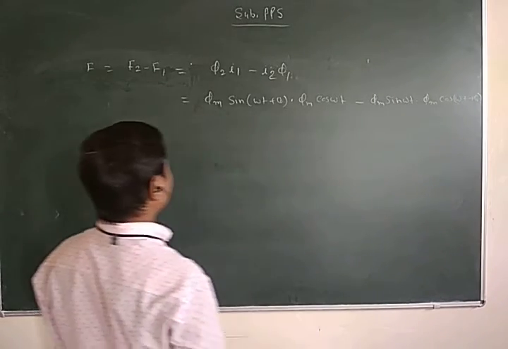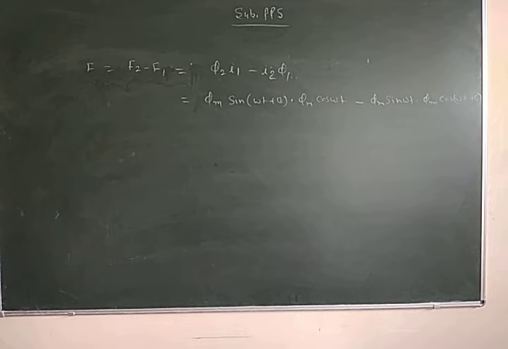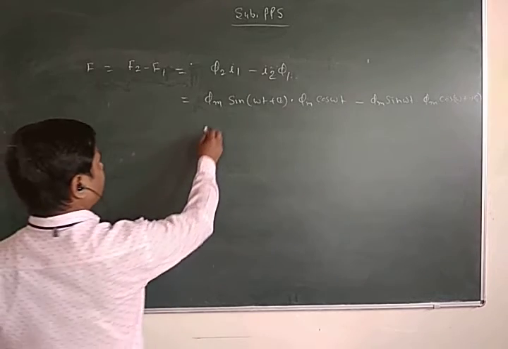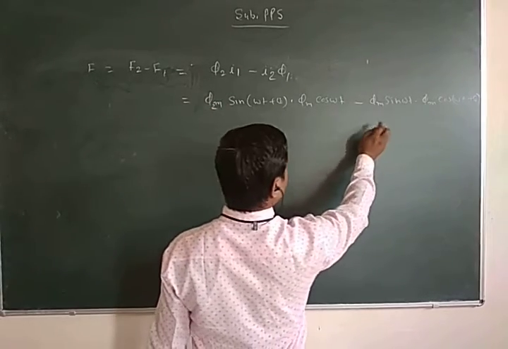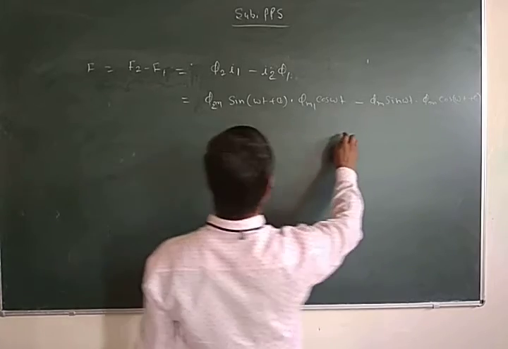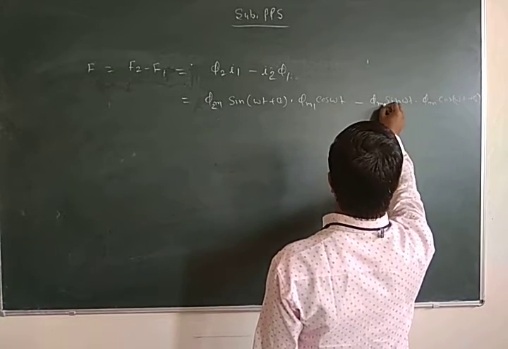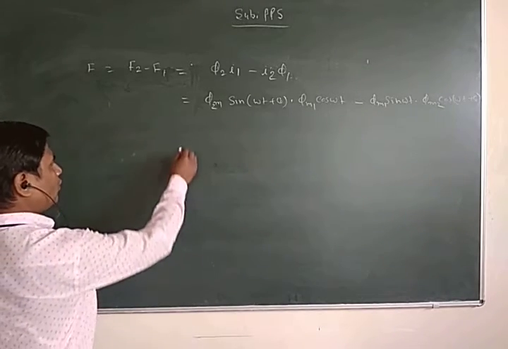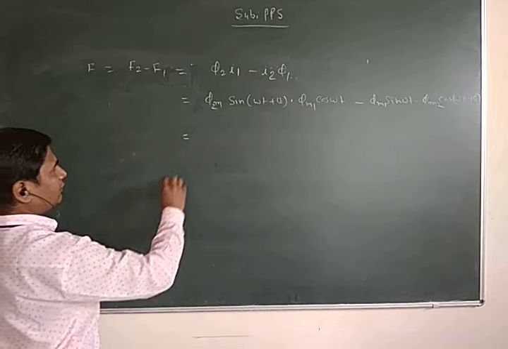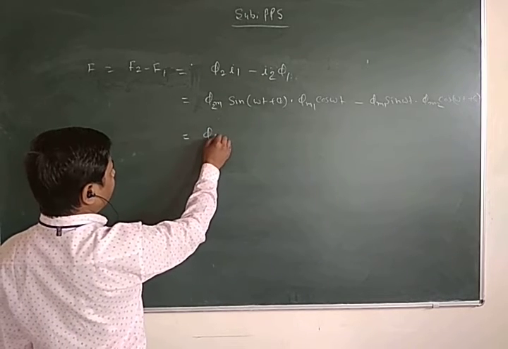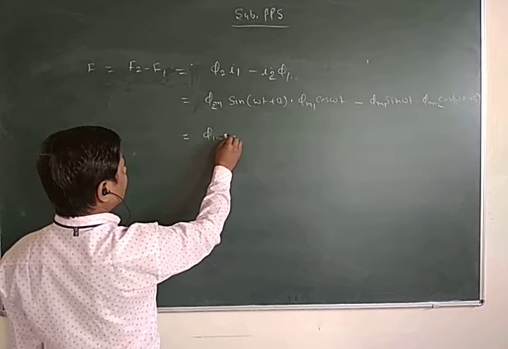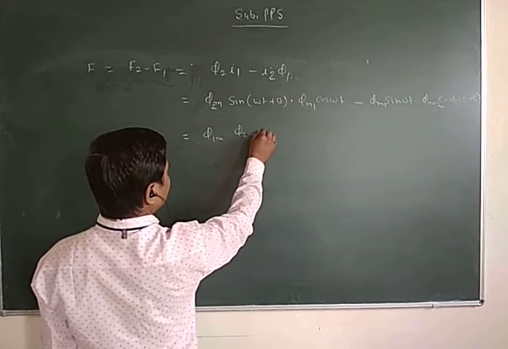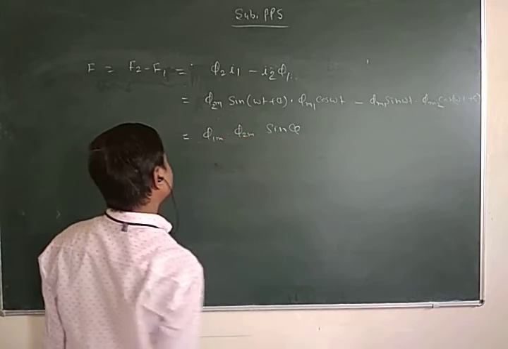Now on solving this equation, we get Phi1m times Phi2m into sine of theta.